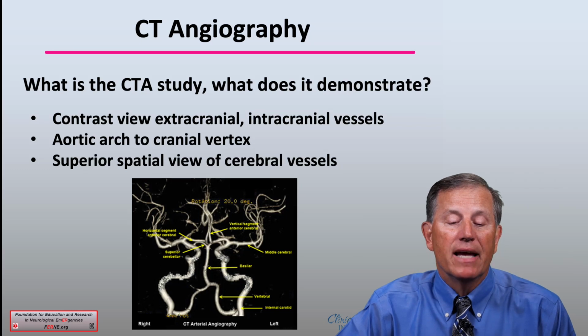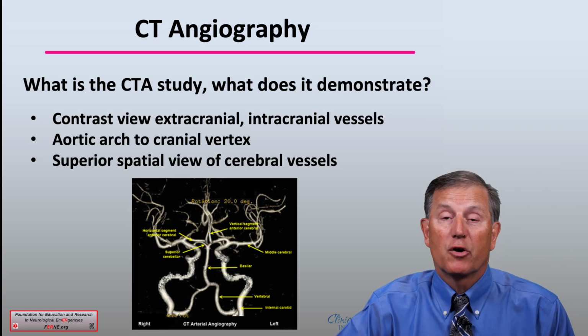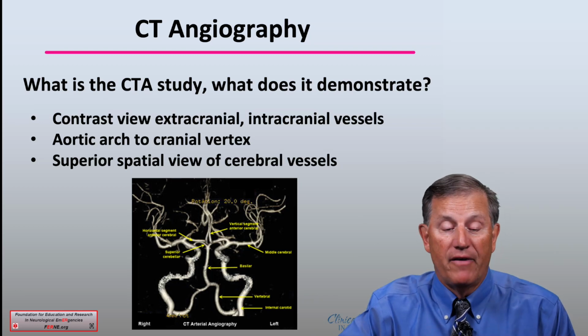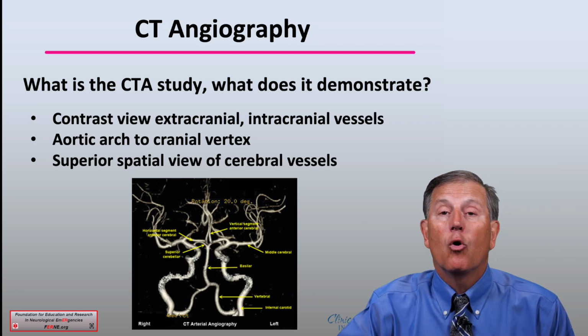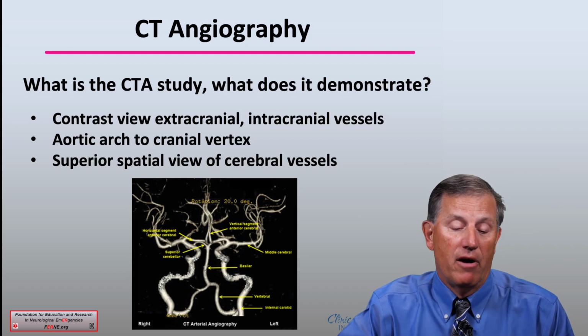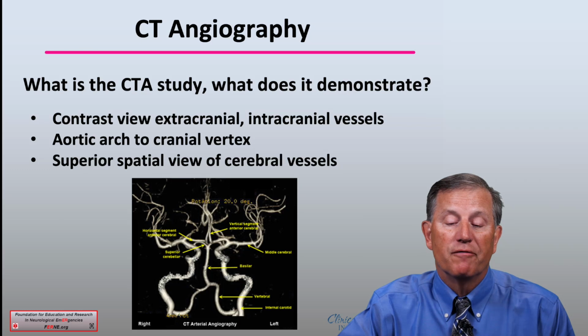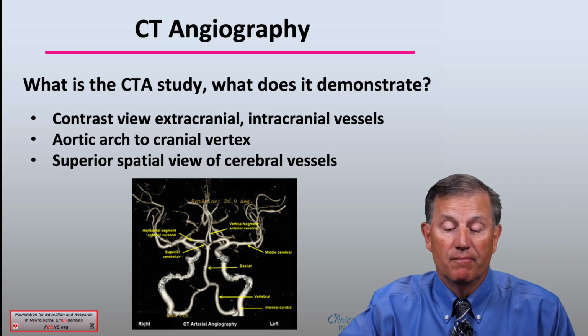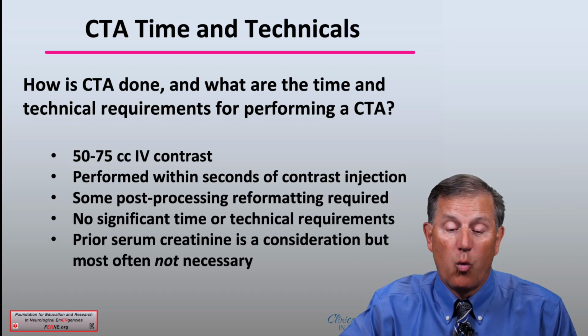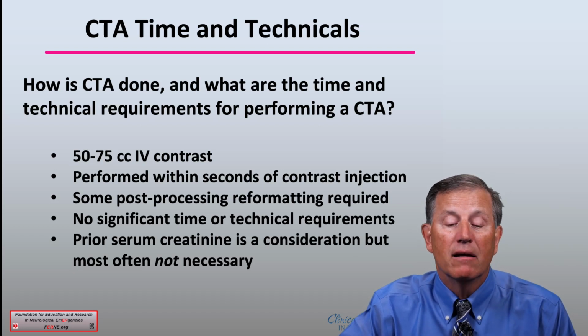It provides a contrast view of both extracranial neck and posterior circulation and intracranial vessels. It goes from the aortic arch to the cranial vertex, and it provides a superior spatial view of the cerebral vessels. How is a CTA done, and what are the time and technical requirements for performing a CTA?